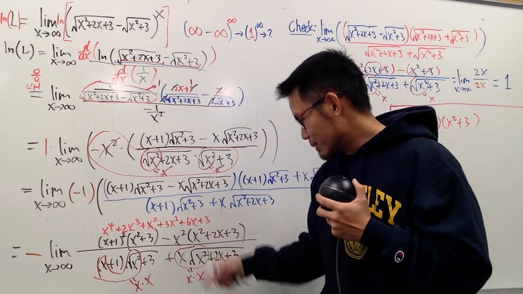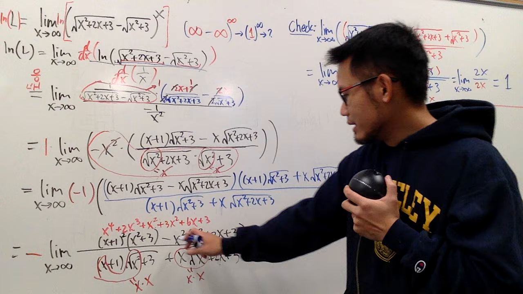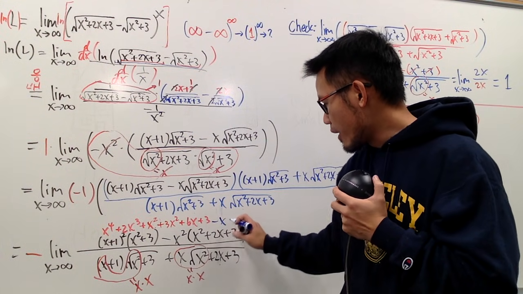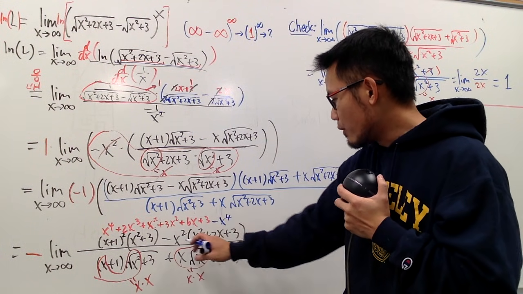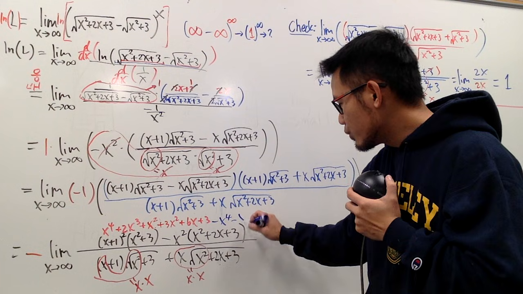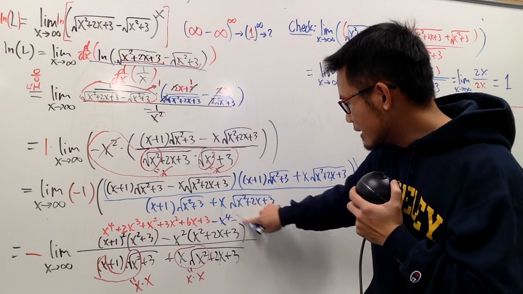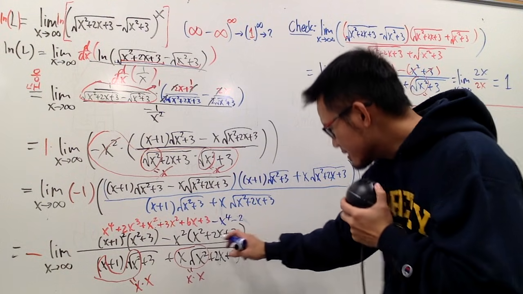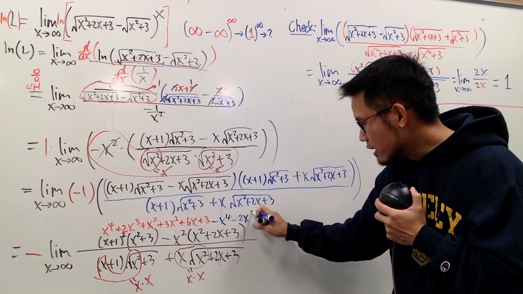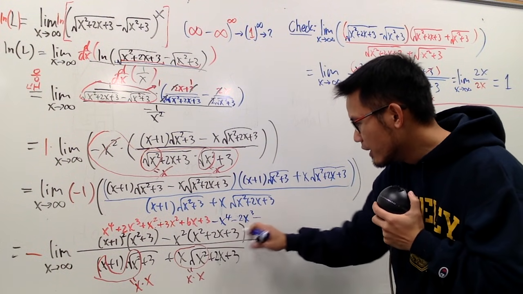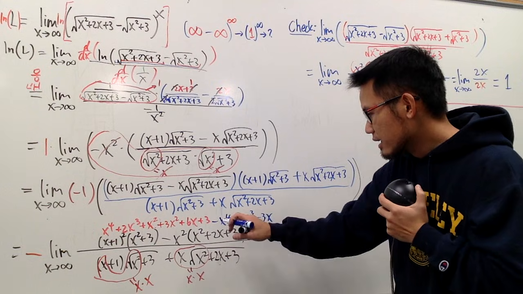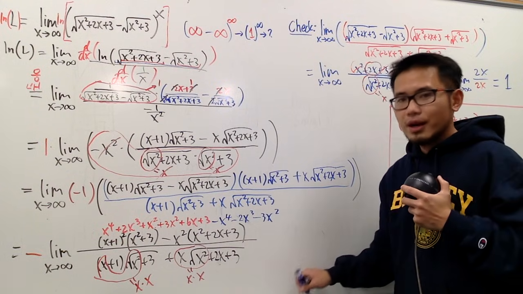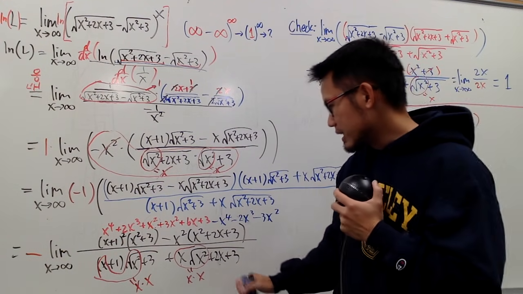And now multiply this out. I'll do this in blue. So this times this is negative x squared times x squared, which is negative x to the fourth power. This times that is negative 2x to the third power. This times that is negative x squared. This times that is negative 3x squared, right? Okay, I'll do the cancellation in black.